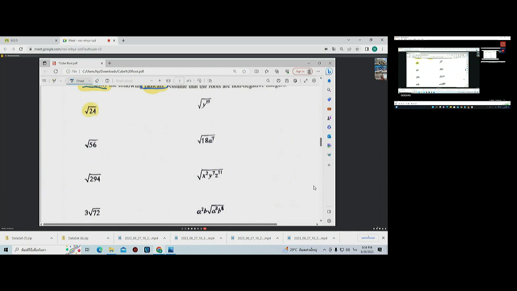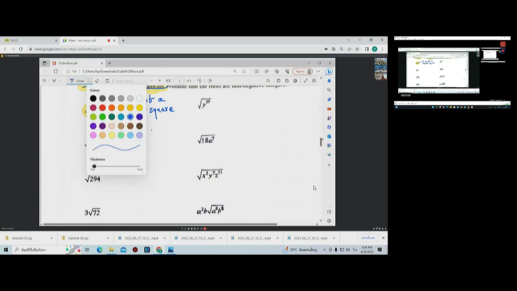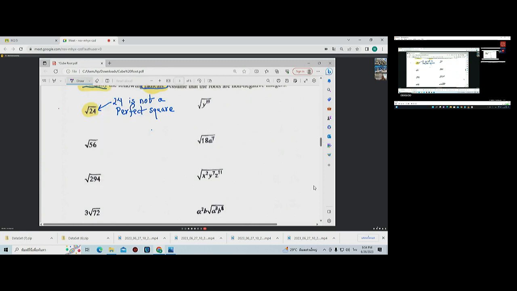Can you factorize it? Can you write the square root? No. 24 is not a perfect square, right? It is not a perfect square. So when the number is not a perfect square, what do we do? We factorize 24.